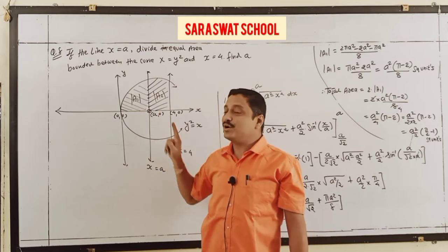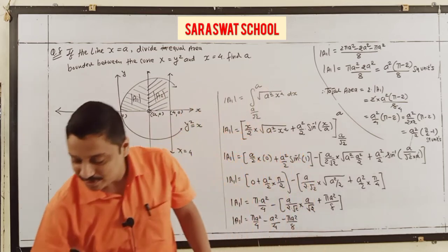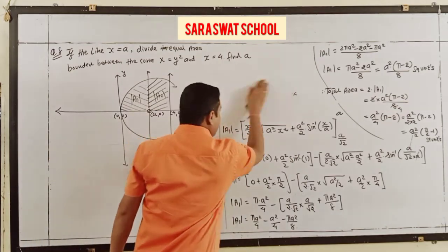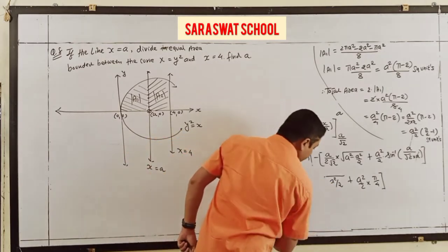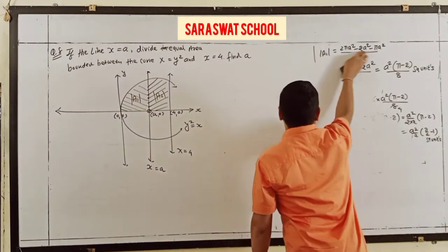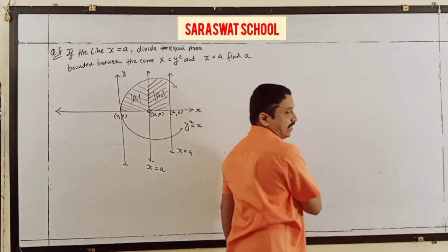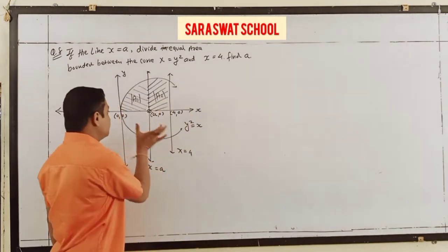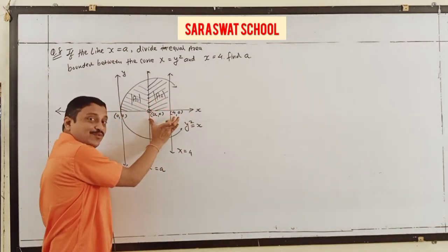No, the answer here is different from 2, students. So I start with the areas A1 and A2 being equal. Both boundaries are different, and that's why I take A1 and A2 separately, use the boundaries and get the answer. Students, the first area has boundary 0 to a, but the second area has boundary a to 4.